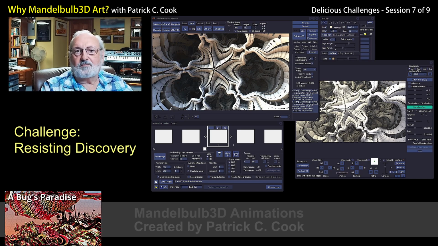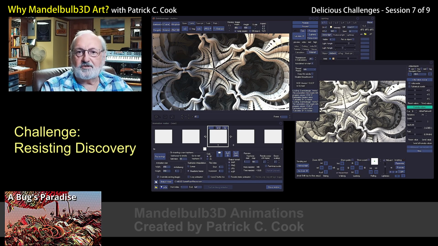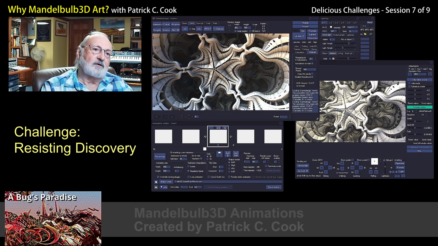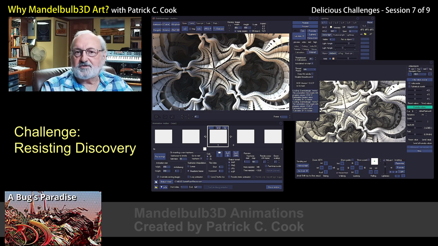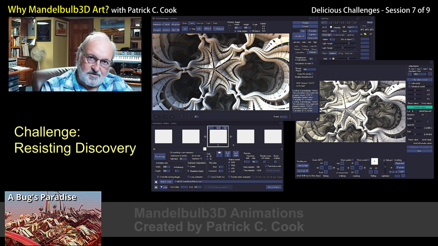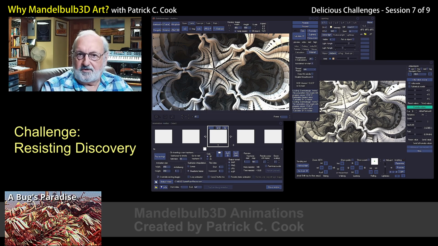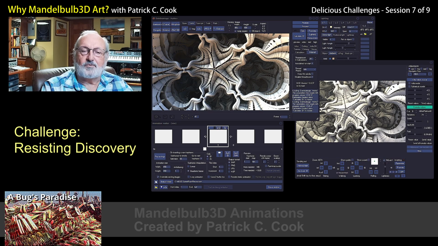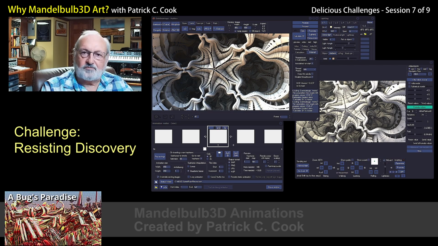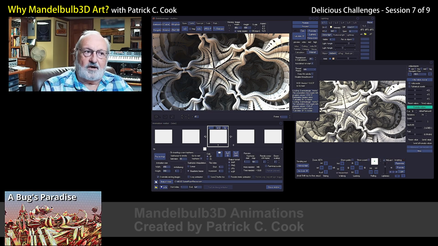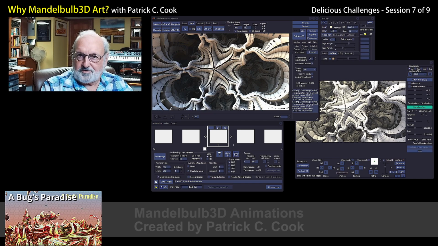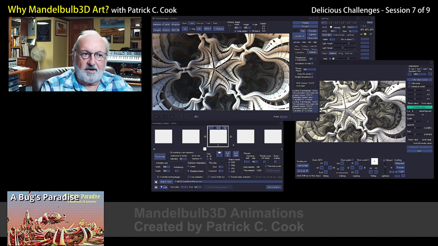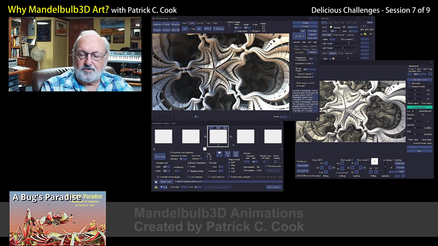You decide the formulas you're going to use, but the software runs these formulas and generates a graphical image. If you don't like that, then you set yourself up for some frustrations. And that's one of the challenges of working with the Mandelbulb 3D application.